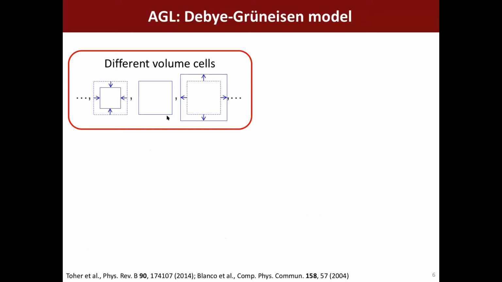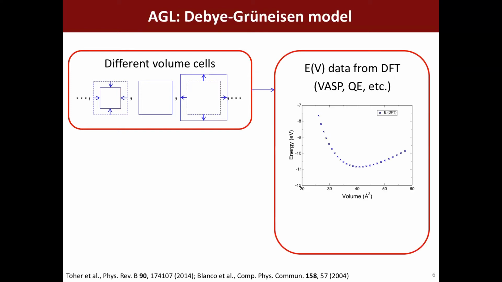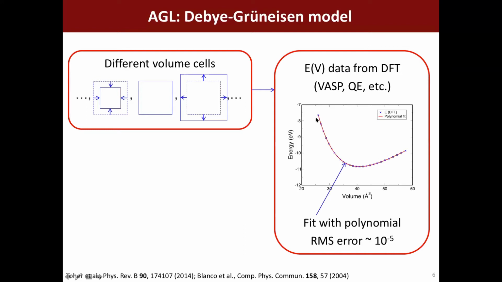In this case, we do isotropic expansions and compressions of the unit cell. We then calculate the energy for each of these different size cells. So we calculate the energy as a function of volume with DFT. Once we have this energy-volume data, we then fit it with a polynomial.